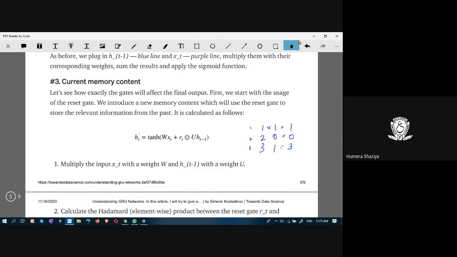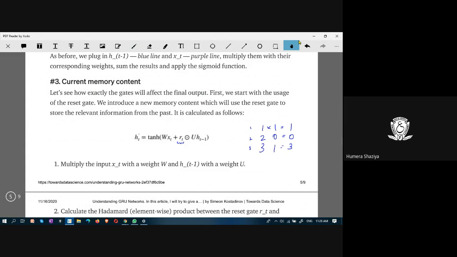Okay. So when you perform the element-wise product, from here you will know what needs to be reset. Reset is like what you're discarding, which information you're discarding. That you multiply with this one and add with this input and take the tanh value, you will get the current memory content HT.